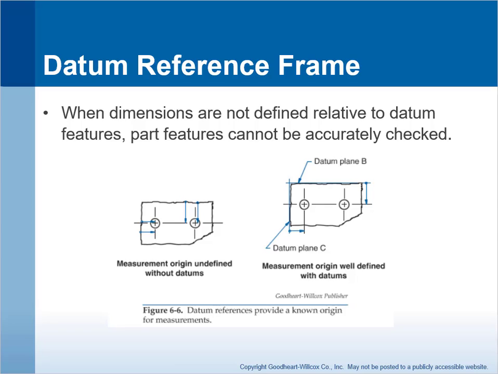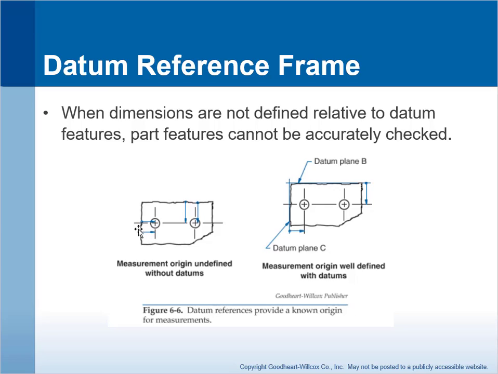Okay, when dimensions are not defined relative to datum features, the parts cannot be checked. So what we're illustrating here is that you get this part. It's a prismatic part, and it's got 2 holes in it, and you're going to check the position of those 2 holes. Well, what are you going to check it to?